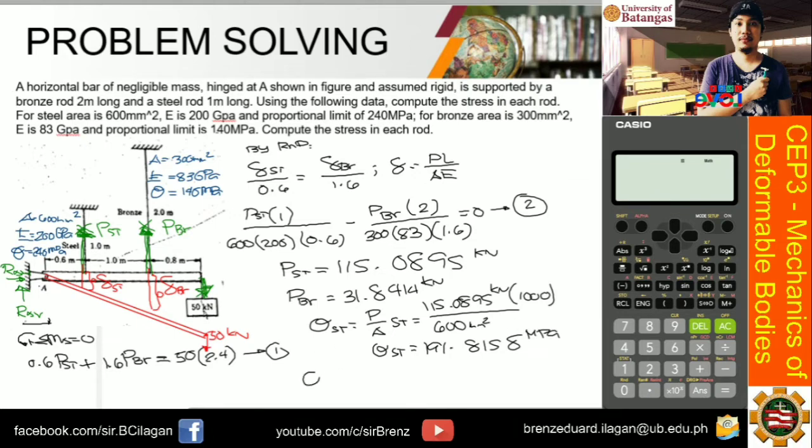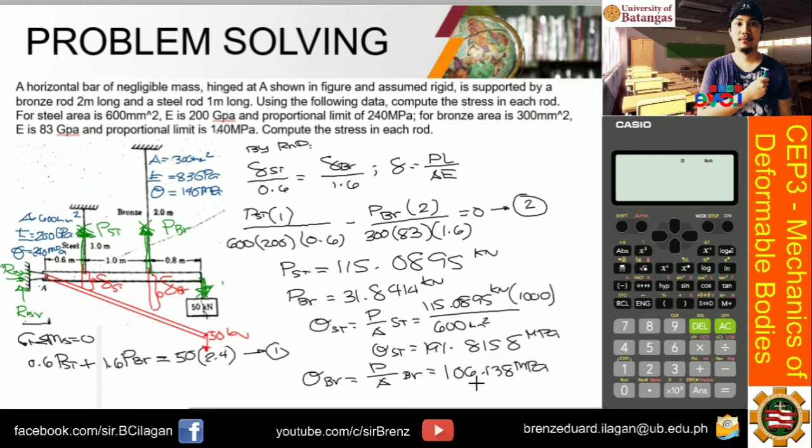And for the bronze, ganun lang din naman. P over A of the bronze. So sabay-sabay natin pindutin. So we have 31.8414 times 10 to the 3, 1,000 divided by the area for the bronze rod, which is equals to 300. So the answer will be equals to 106.138 megapascal.